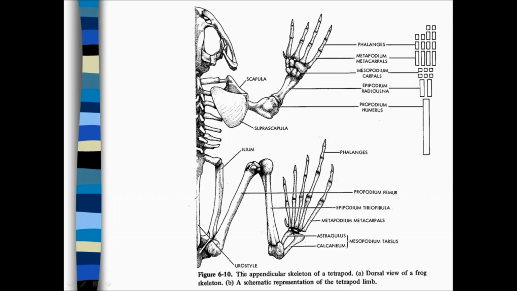Now, the other interesting thing when you look at a frog is that the number of vertebrae here is pretty reduced. And look at how extensive this girdle is right here. So you have the suprascapula, you have the scapula, you have the coracoids and all of that sort of stuff that's involved down here. This pectoral girdle is like a giant box.